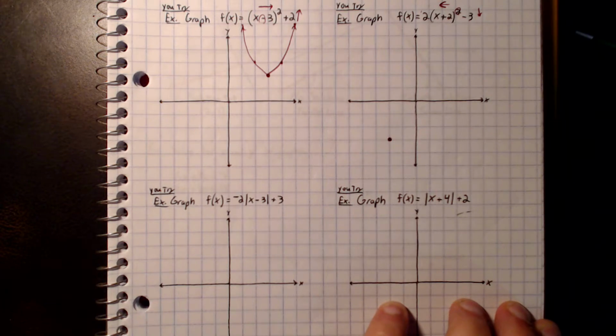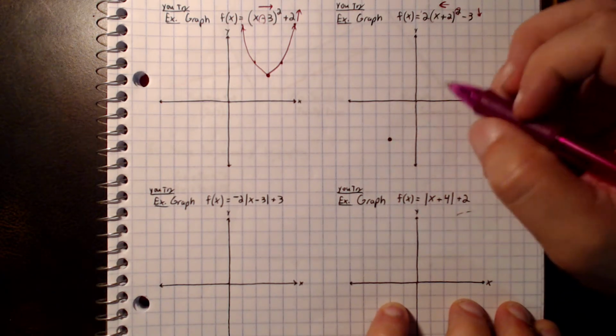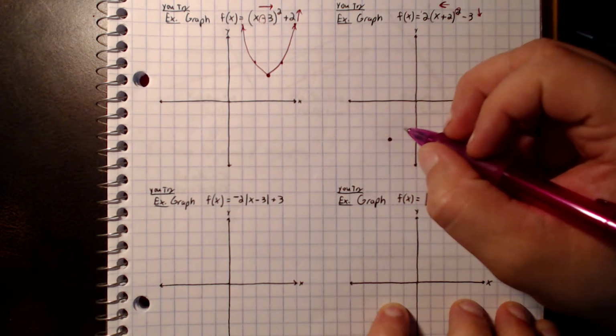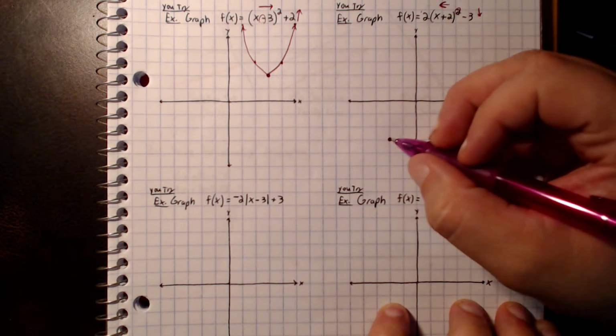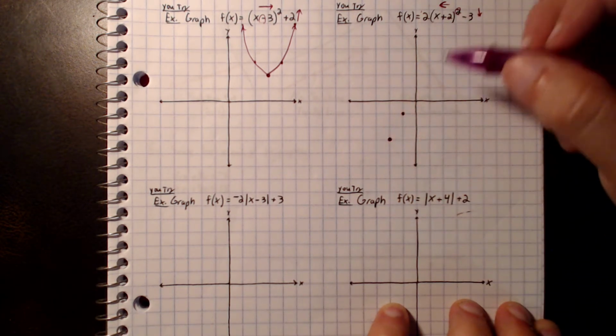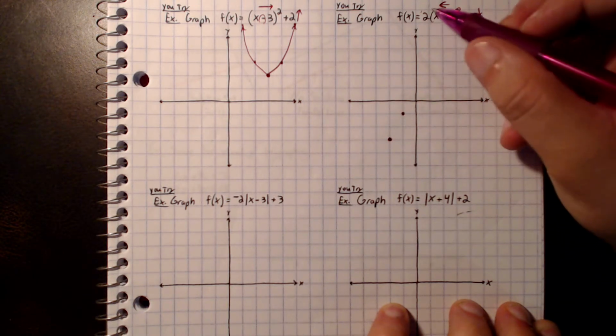Now I want everything to be twice the height as what it was before. So if our parabola normally goes 1 over 1 up, I need to double the up part. So I'm going to go 1 over and 2 up. Then if I normally go back and go 2 over 4 up, I need to double the up again.